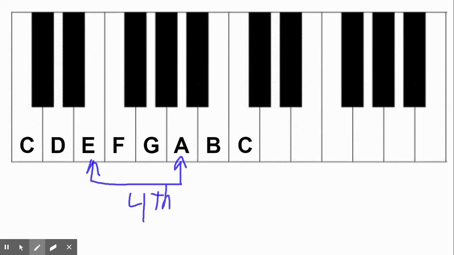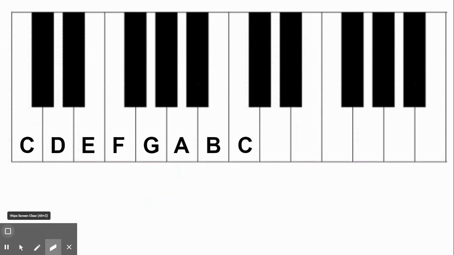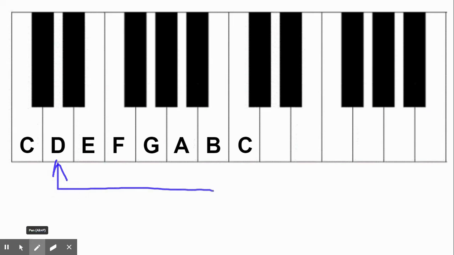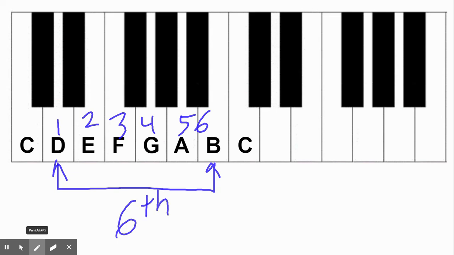If I go from D to B, 1, 2, 3, 4, 5, 6, that interval is a sixth. It's as simple as that.